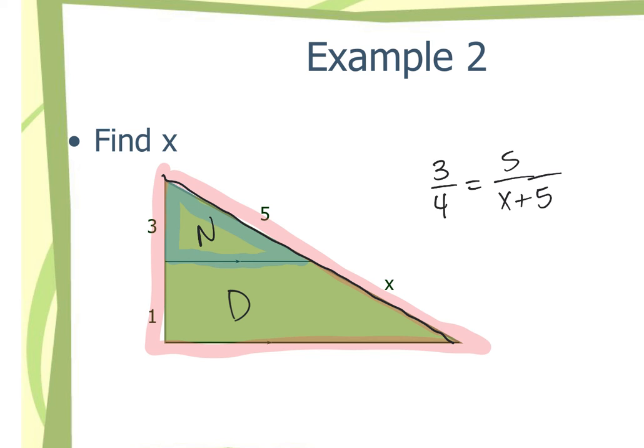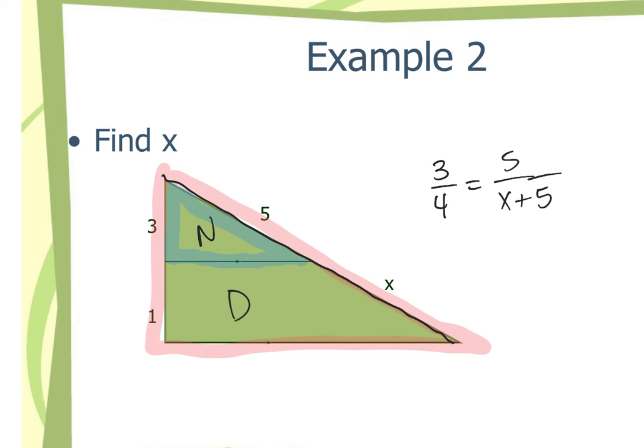You guys with me? I added them. So this side's 3 and this bigger side is 4. We're cool? 5 is the length of this side. Its corresponding length is this whole thing, which is x plus 5. So it needs to be 5 over x plus 5.